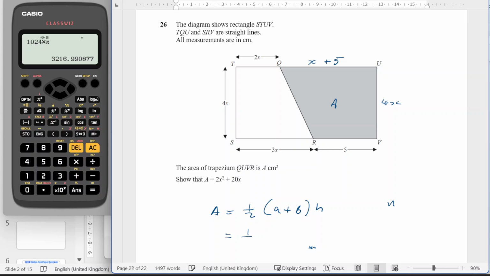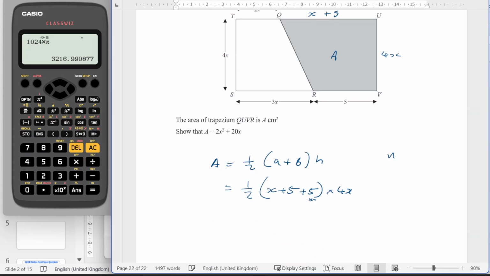So that's going to be a half of x plus 5 times by 4x. So let's tidy that up a little bit. Half of 4x is going to be 2x, and then that's going to be x plus 10, which is going to be 2x squared plus 20x, which is what we're asked to show.